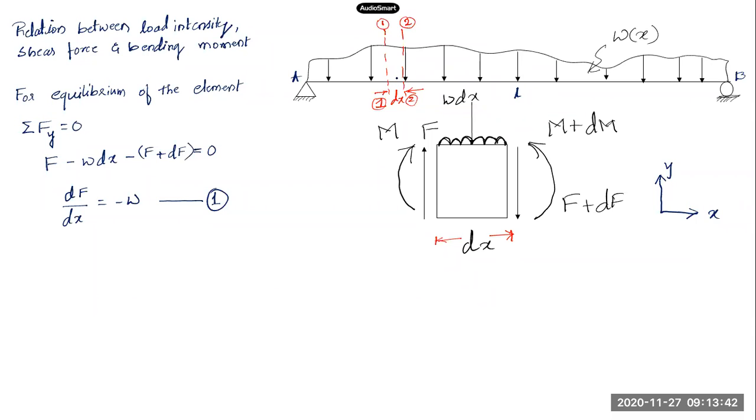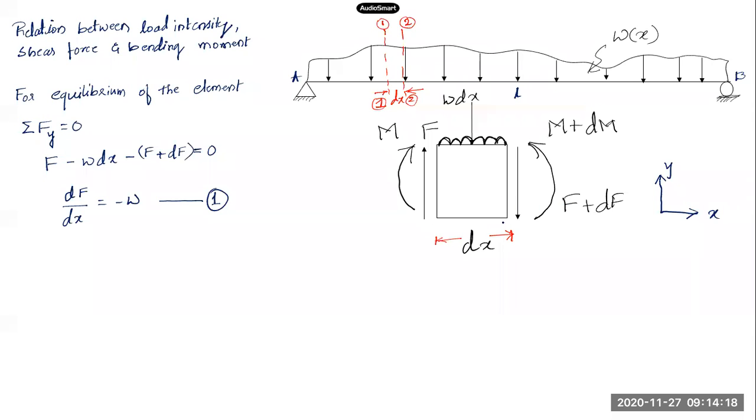I have taken out this element dx outside of this beam, and I'm showing the free body diagram of that element, meaning all the forces which are acting on it. On the left side, what we assumed was the moment M and the shear force F. On the right side, the moment is M plus dM, increasing by an amount dM, and the shear force is F plus dF.